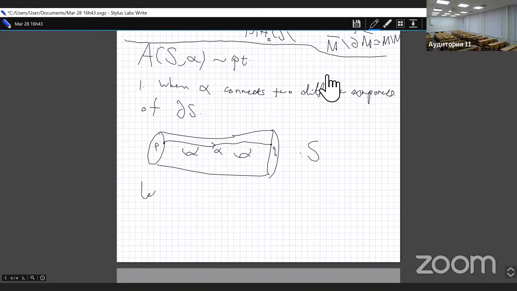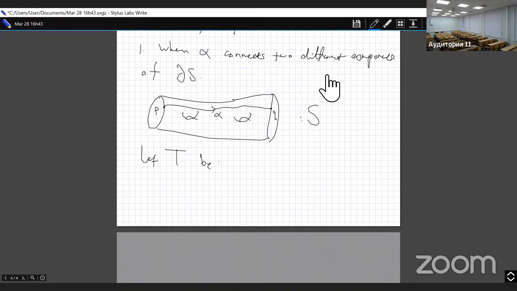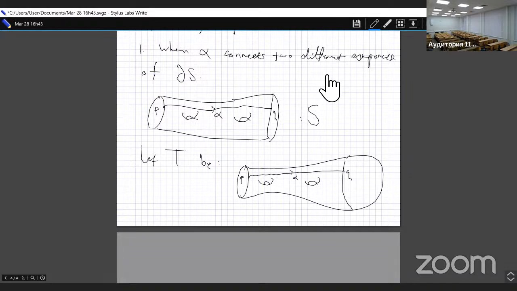Let T be this surface, where we just add a disk along this boundary component like this.